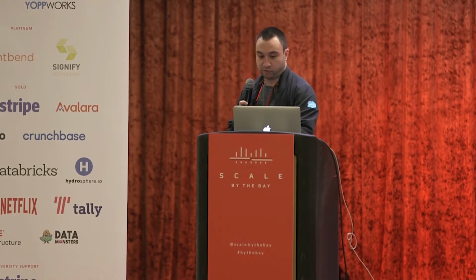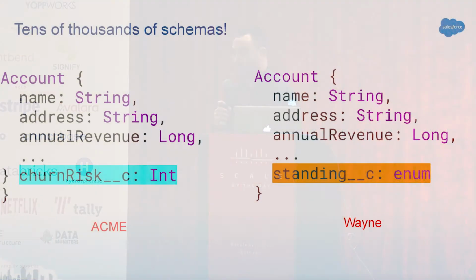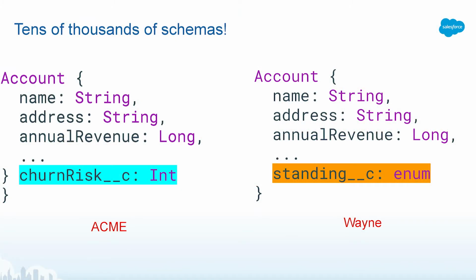Now let me double click a little bit on why customer-specific models beat global models and what is the difficulty there. For those who are familiar with Salesforce, account is one of the most standard objects. It's what sales reps around the world, on a daily, on an hourly basis, interact with through the Salesforce UI to track who they're selling the product to.